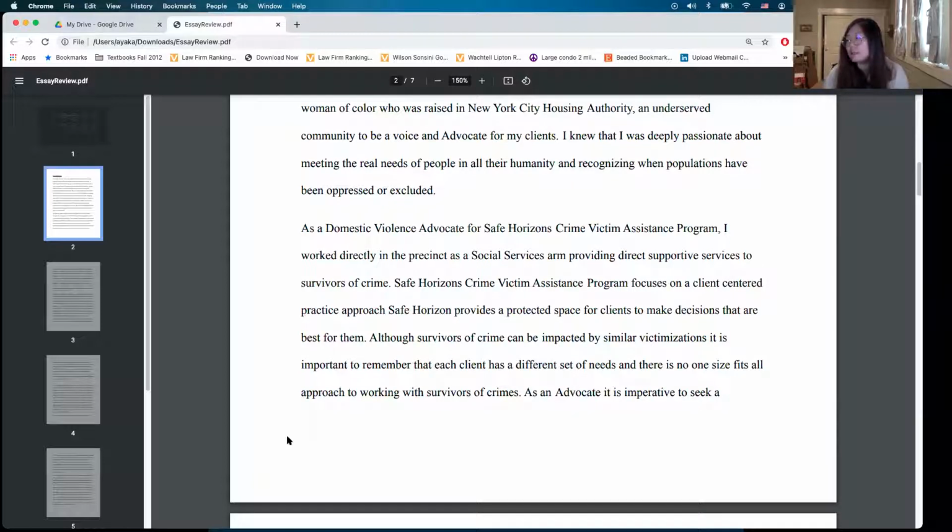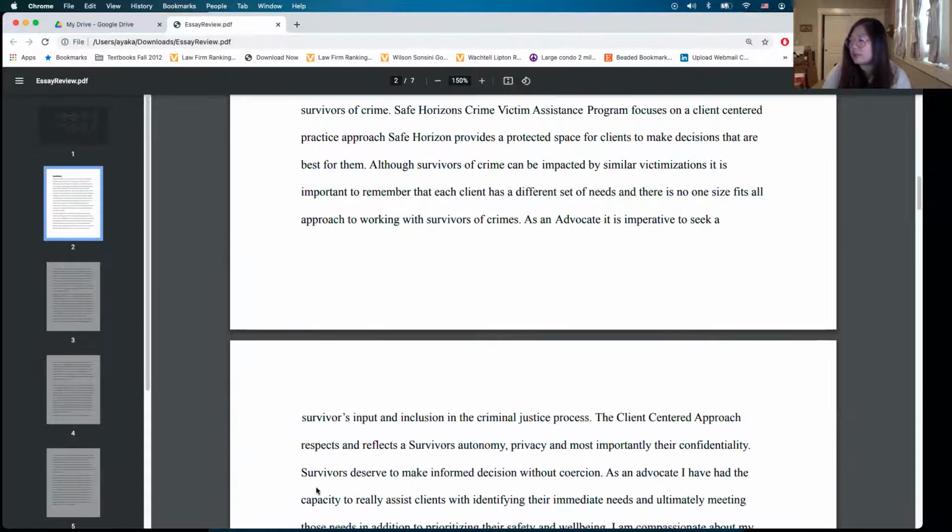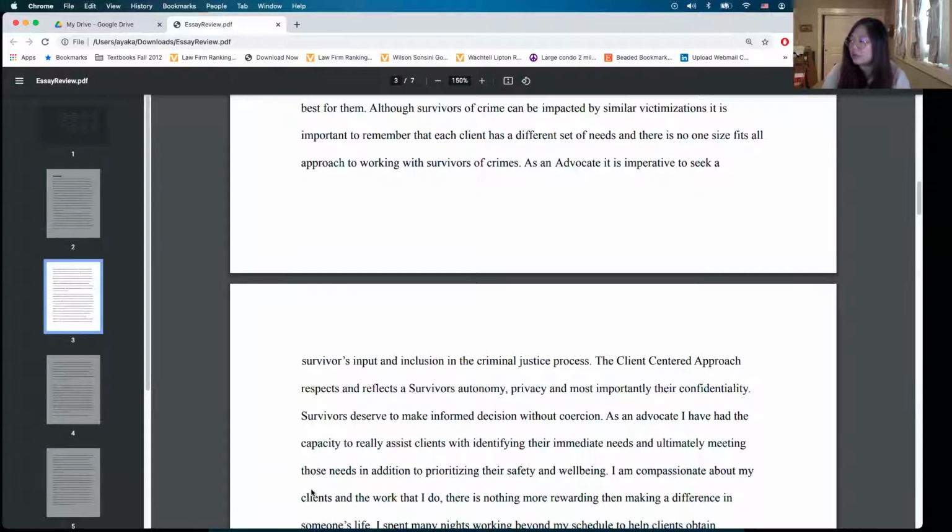Safe Horizons Crime Victim Assistance Program focused on a client-centered practice approach. Safe Horizons provided a protected space for clients to make decisions that are best for them. Although survivors of crime can be impacted by similar victimization, it is important to remember that each client has a different set of needs and there is no one-size-fits-all approach to working with survivors of crime. As an advocate, it is imperative to ask a survivor's input and inclusion in the criminal justice process.